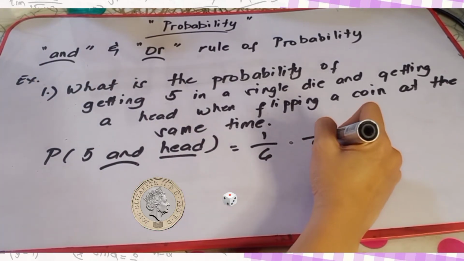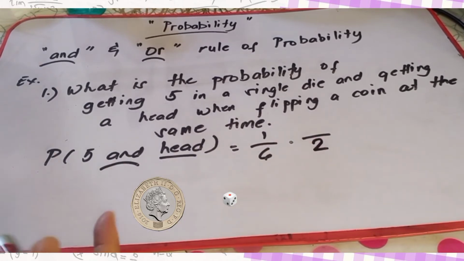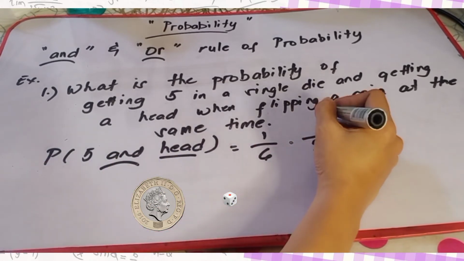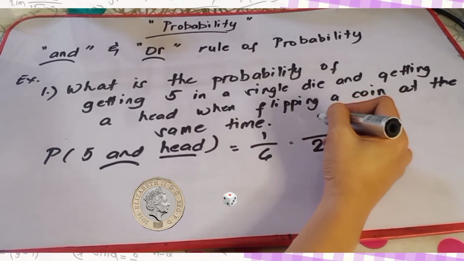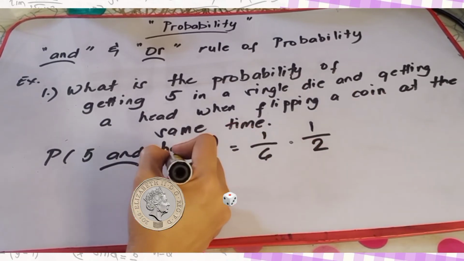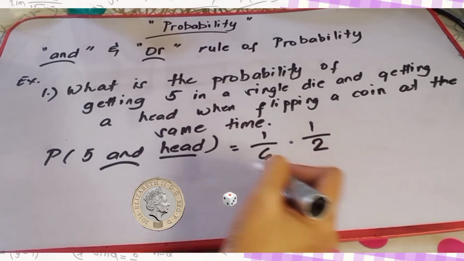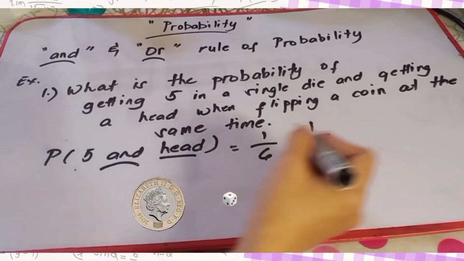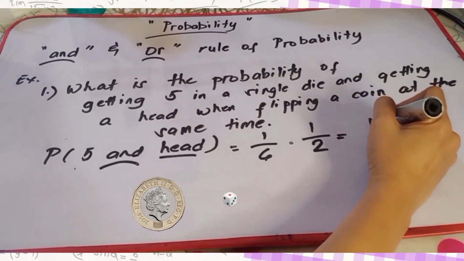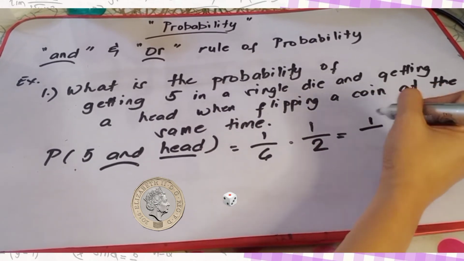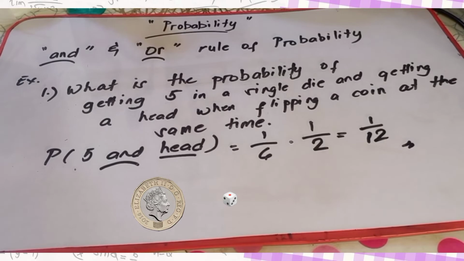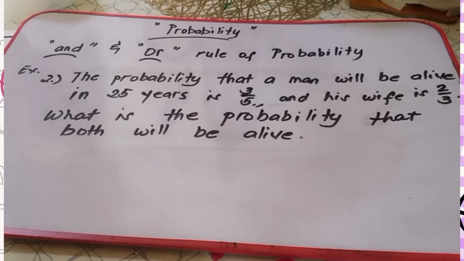So, therefore, the sample space of a coin is only 2, and getting head in a single coin, ilan yung head sa single coin? That is only 1. So the probability of getting head is 1/2. So to find the probability of getting 5 and a head, that is multiplication. So that is equal to 1 times 1 is 1 and 6 times 2 is 12. So that is 1/12.